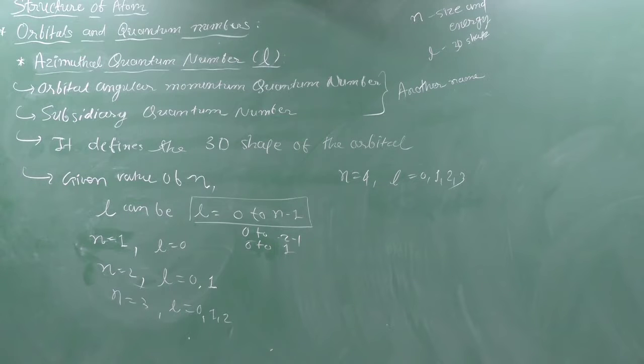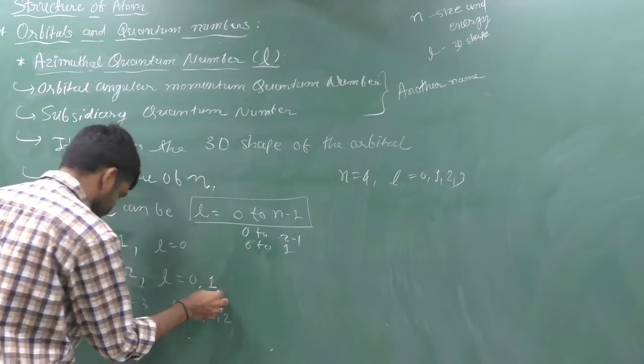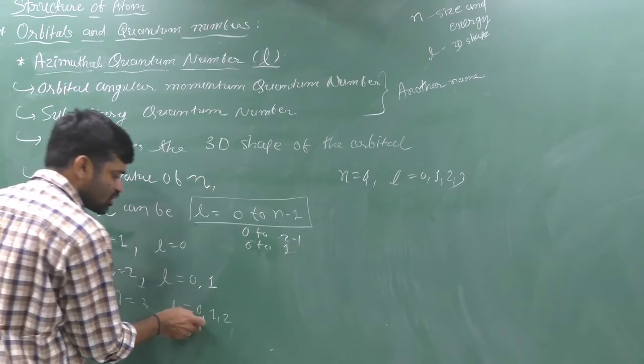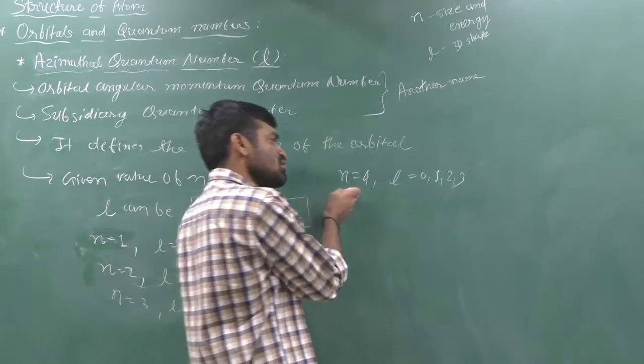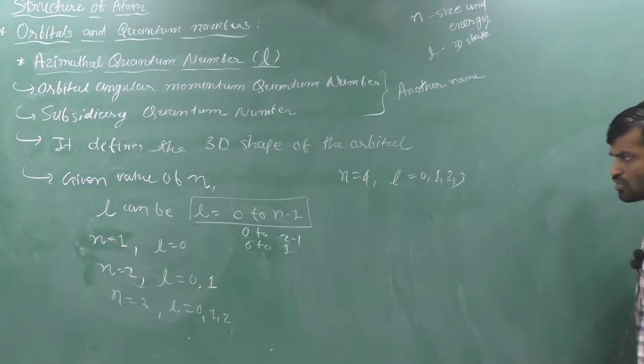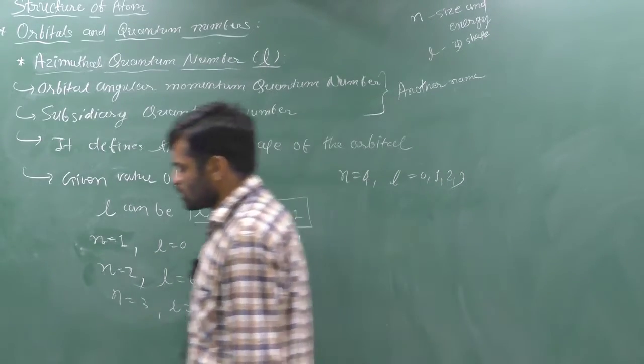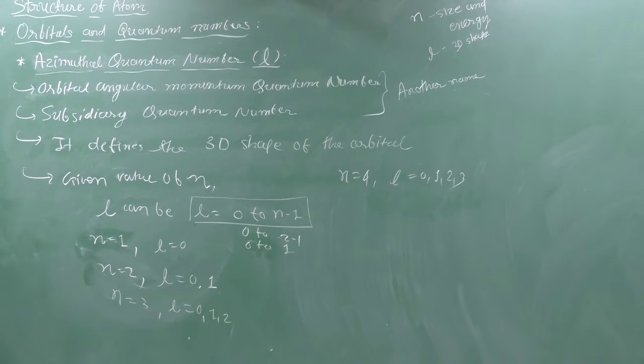The value of L is always 0 to n minus 1. If n is 1, L is 0. If n is 2, L is 0 and 1. If n is 3, L is 0, 1 and 2. If n is 4, L is 0, 1, 2, 3. If it is 5, it will expand up to 4. Clear?